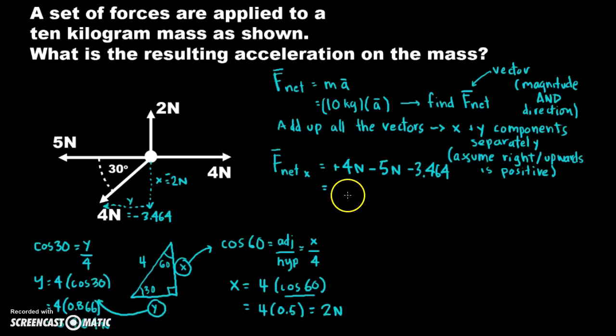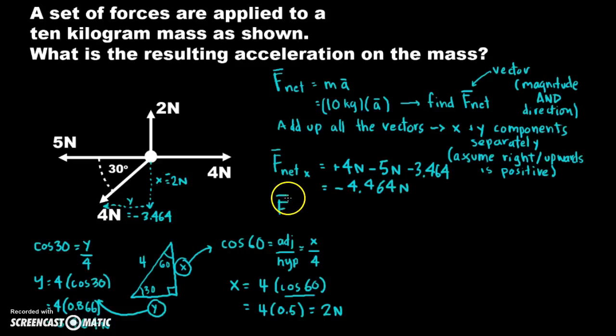So what do we got? Let's just add it up. That's minus 5 plus 4. What do I got? I've got minus 4.464 newtons.